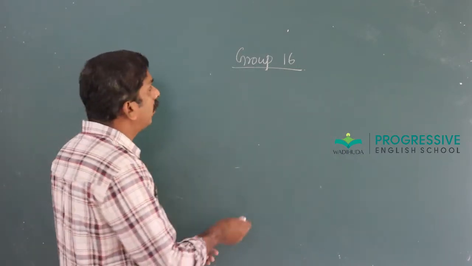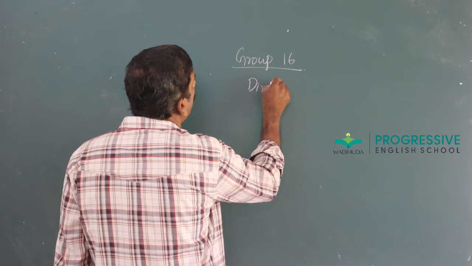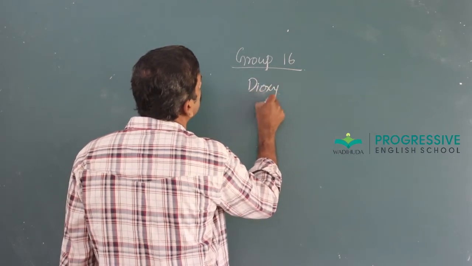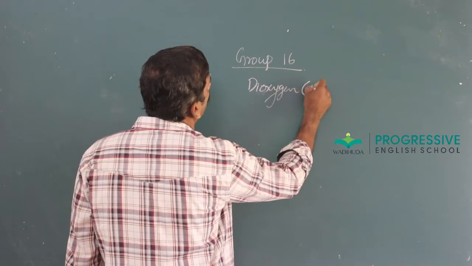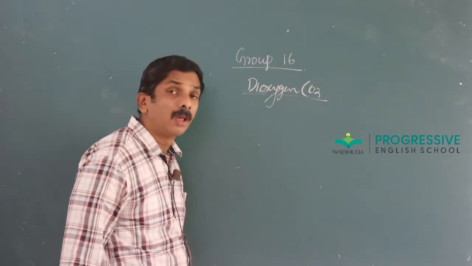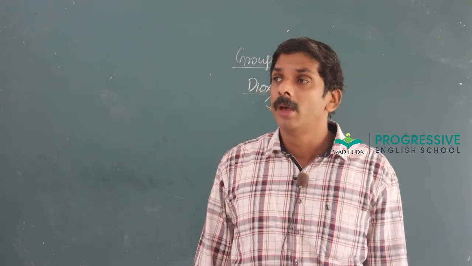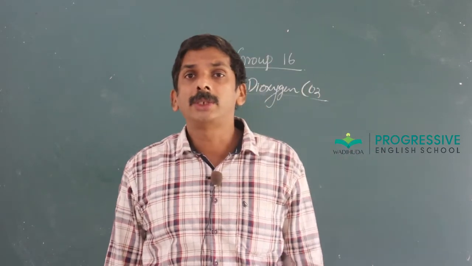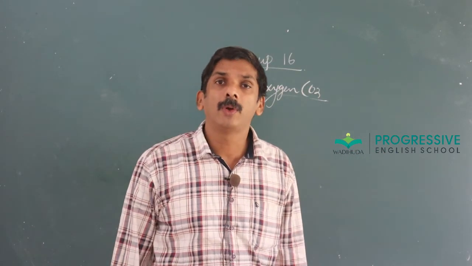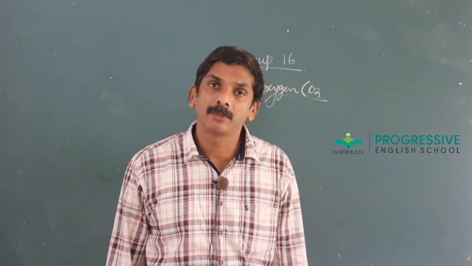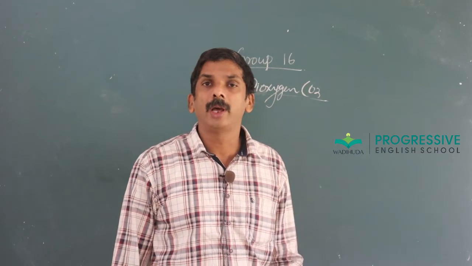And next we discuss dioxygen, that is O2. While explaining the manufacture of nitrogen, air constitutes 78% nitrogen and 21% dioxygen. On cooling we get liquid air.